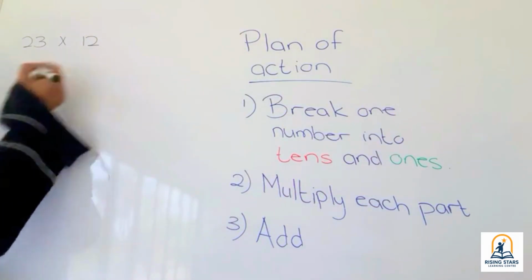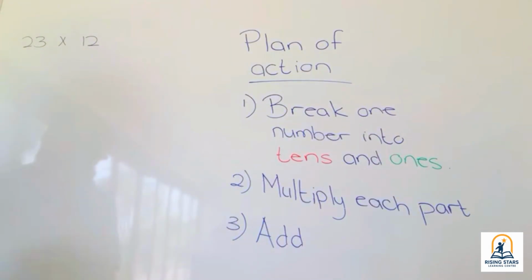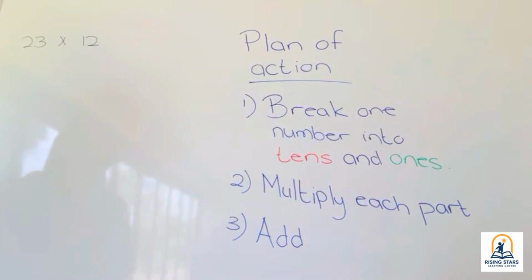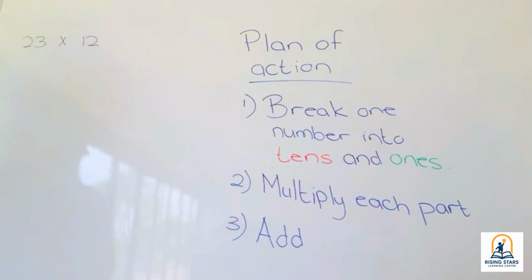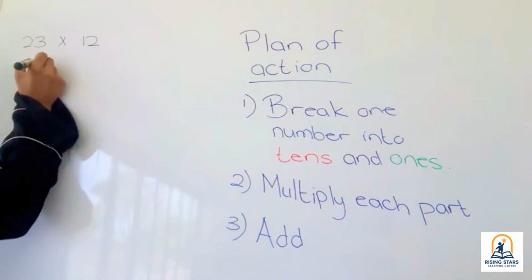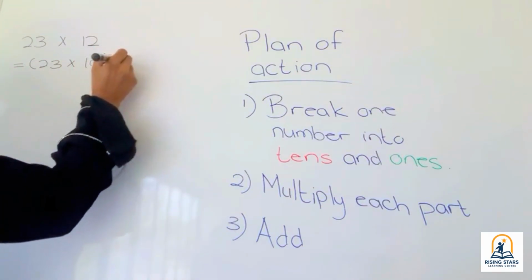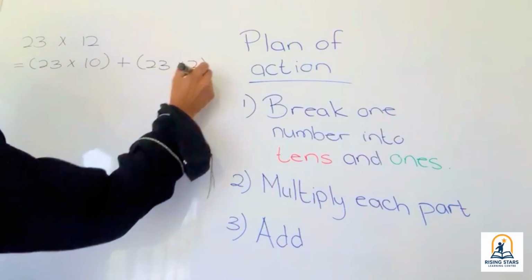Before we write it down, what are we breaking the 12 up into? How many ones are there? 2 ones. And how many tens are there? One group of 10. All right, so let's write that down. 23 times 12 is 23 times 10 plus 23 times 2.